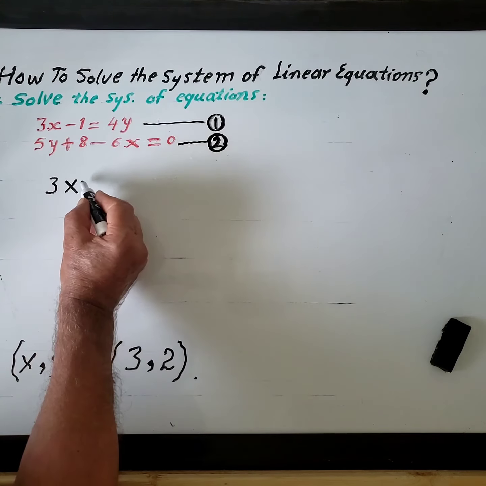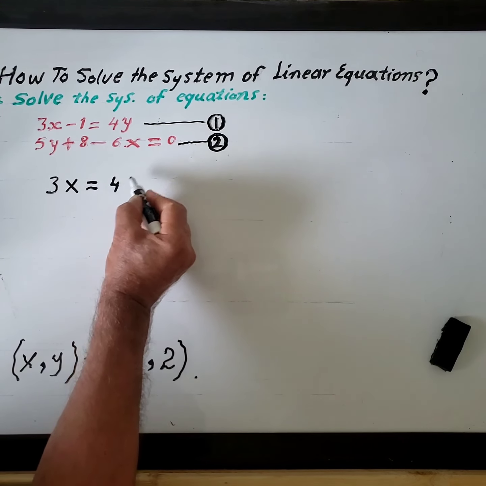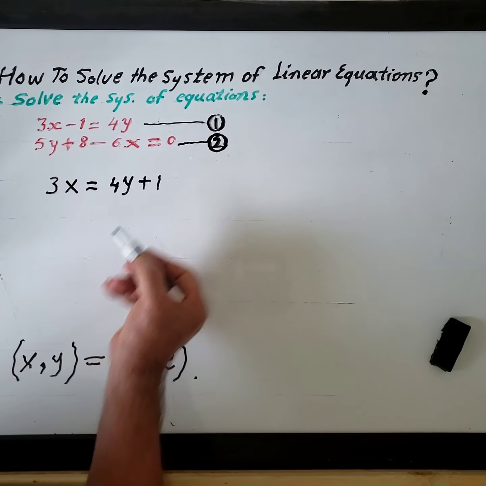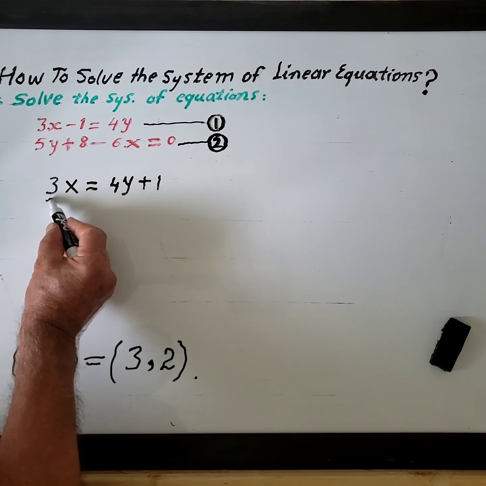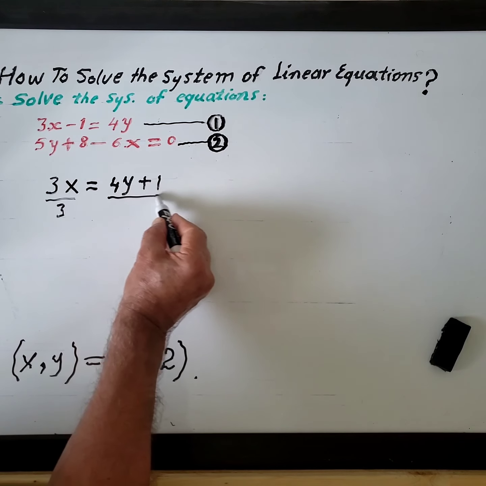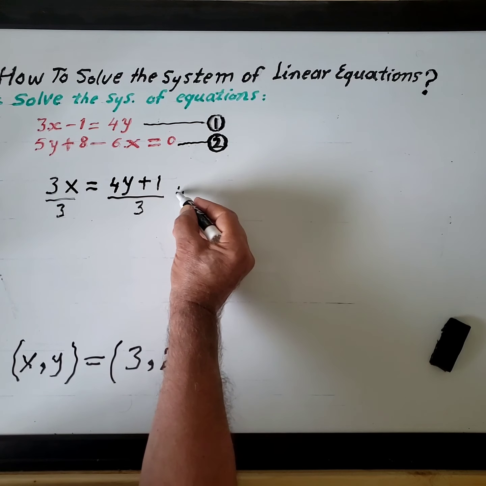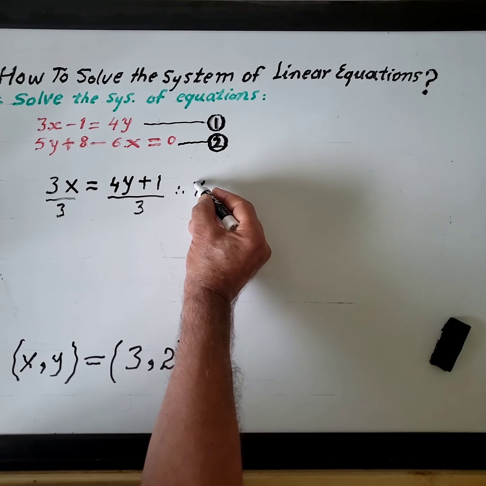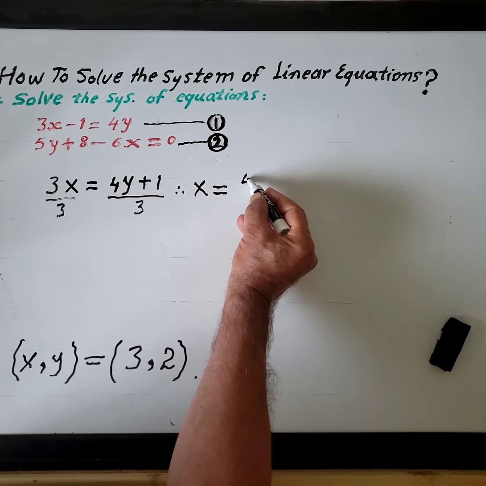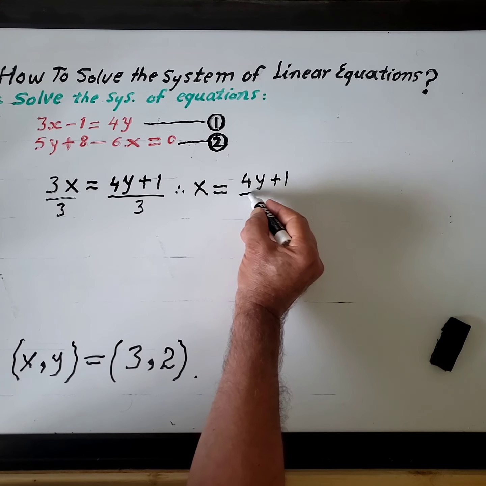So after moving 1 to the other side, it will be 4y plus 1. After that, divide both sides over the coefficient of x. You got, in this case, the value of x in terms of y. So it's 4y plus 1 over 3.